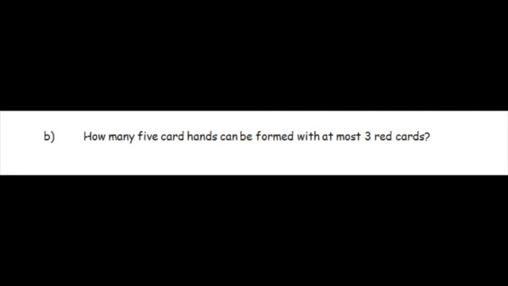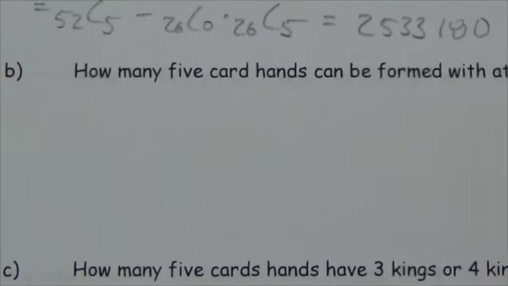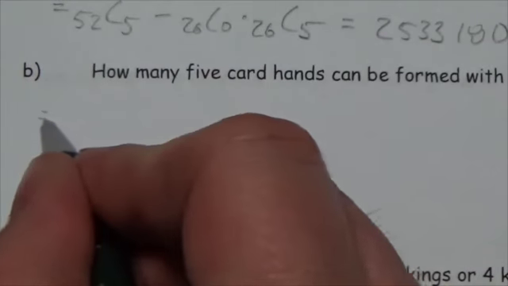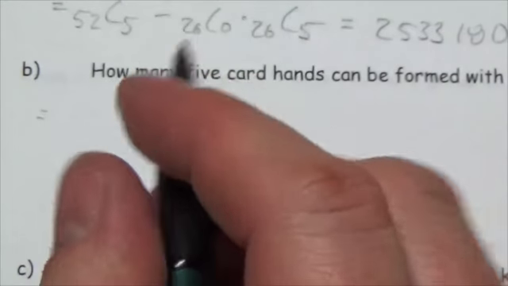How many 5-card hands can be formed with at most 3 red cards? Okay, here we are looking at a similar question, except in this case it's at most 3 red cards. At most 3 red cards means I could have no red cards up to 3.